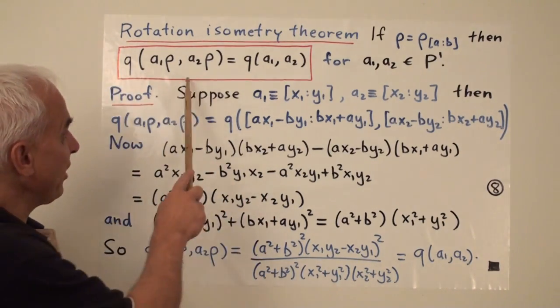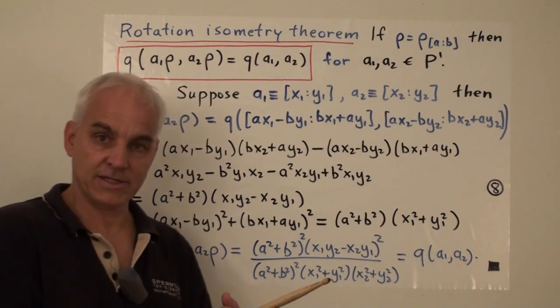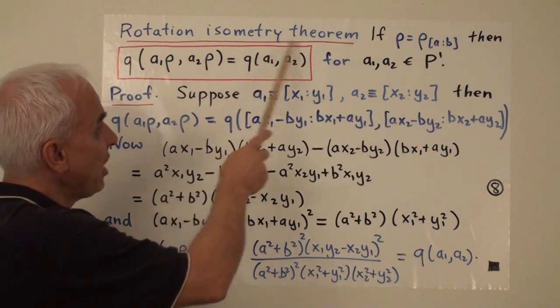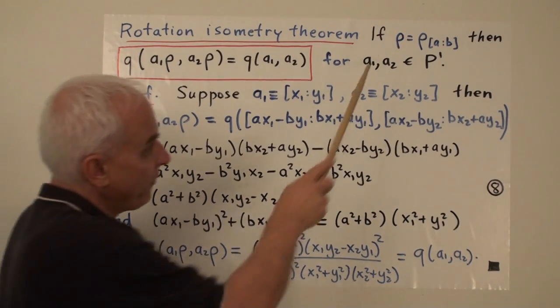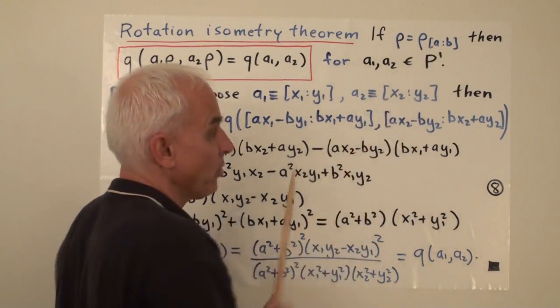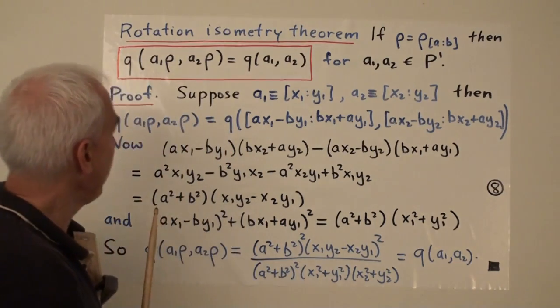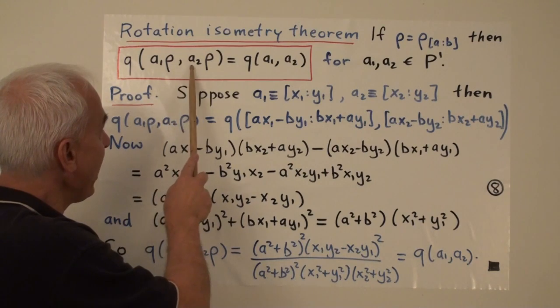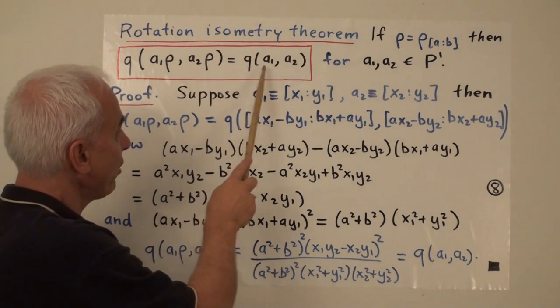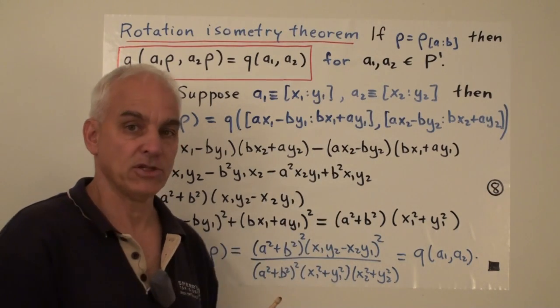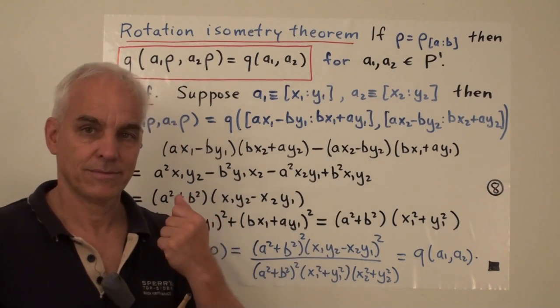But here is the theorem that really solidifies the importance of it. It's called the rotation isometry theorem. If we denote this symbol, rho A to B, more succinctly by rho, then the quadrance between A1 rho and A2 rho is the same as the quadrance between A1 and A2 for any two points A1 and A2 on our projective line.